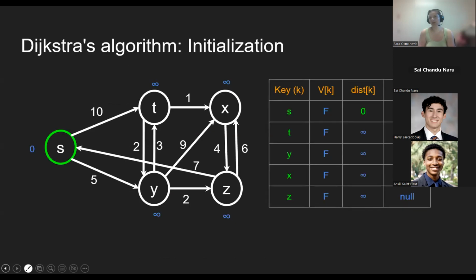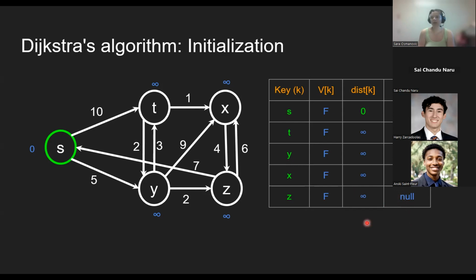Okay, here we go. Now I'm going to run through the algorithm for you in this example. In the initialization stage, we have the 3 maps. The first map is the key and the visited vertex. The second map is the key and the distance to the key. And the third map is the key and the predecessor of the key.